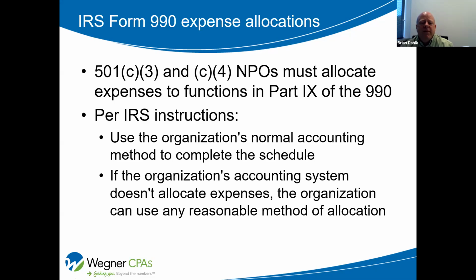Not all nonprofits, even if it's a 501(c)(3) or a (c)(4), have to file a full 990. Relatively small ones can file a 990-EZ, which is a simpler form and does not have this schedule of functional allocations. So that brings us to our second poll question.